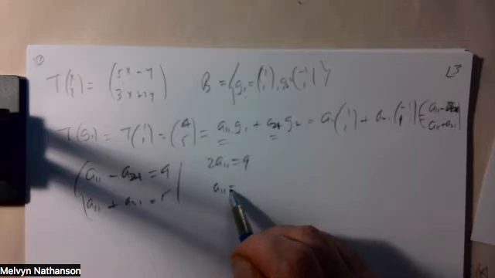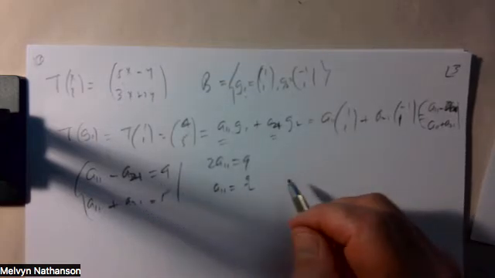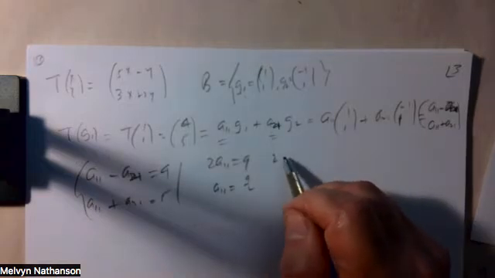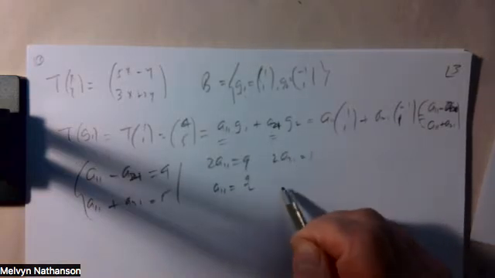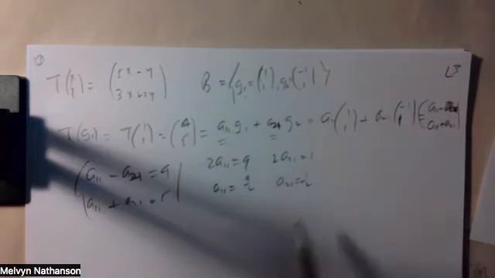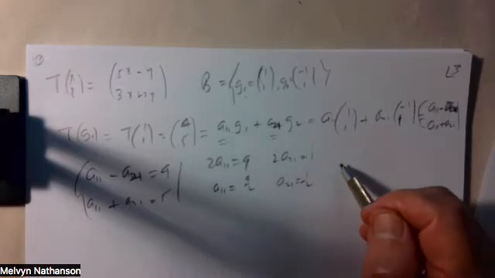So A11 is 9 halves. And if I subtract the first equation from the second, I get 2 A21 equals 1, or A21 equals a half. And again, you can check: if you add them, you get 5. If you subtract them, you get 4.